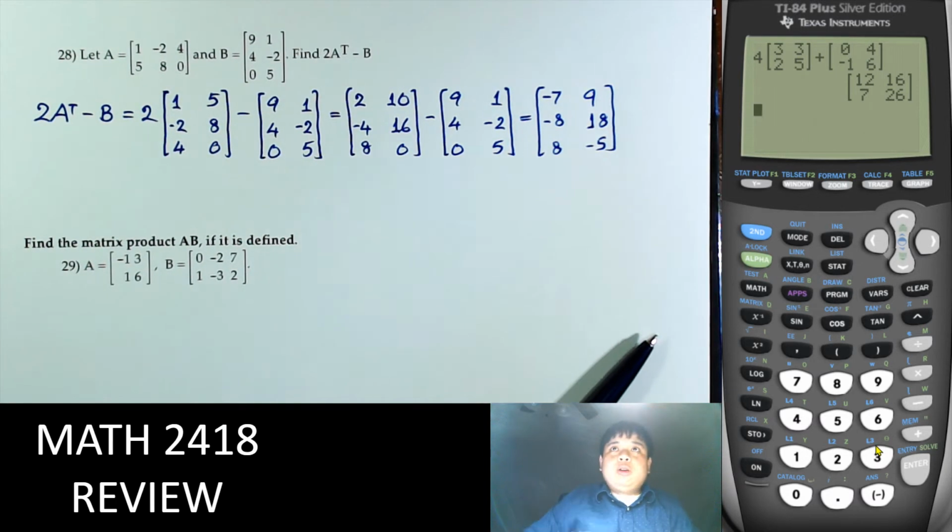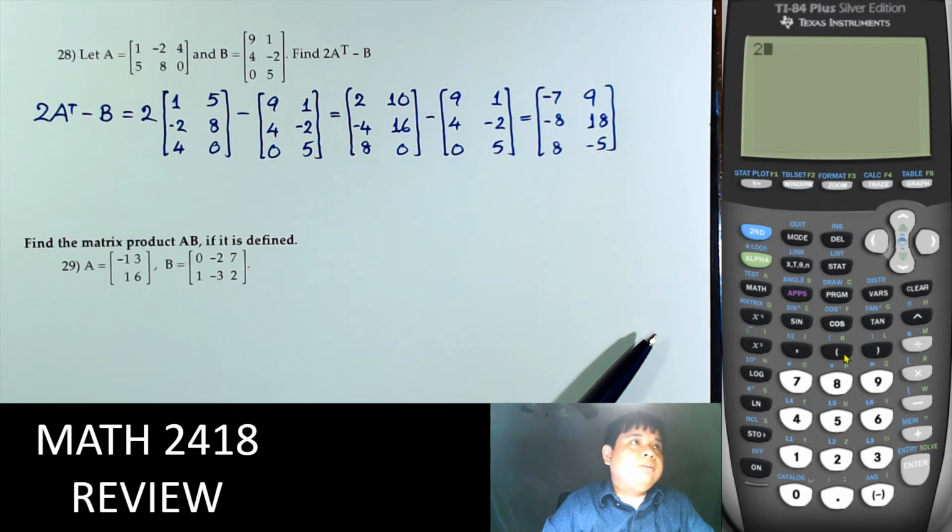Right. Of course, we want to check with the calculator 2 times. This is the matrix 2 row with 3 column: 1, negative 2, and 4, 5, 8, and 0. Transpose.